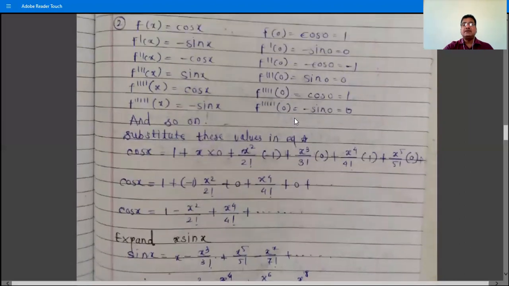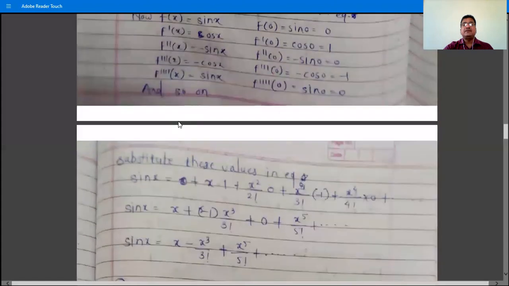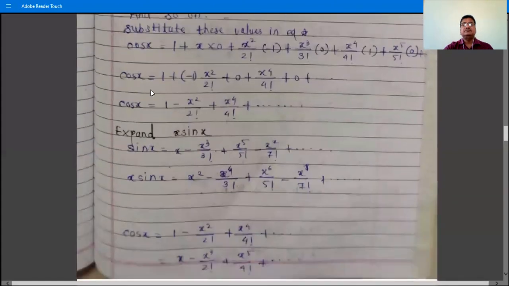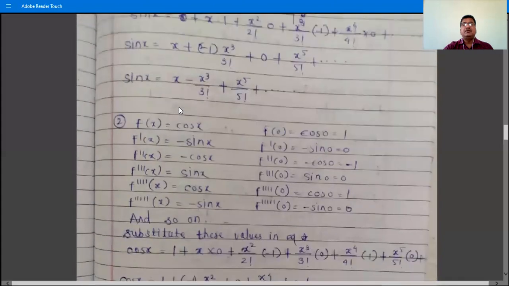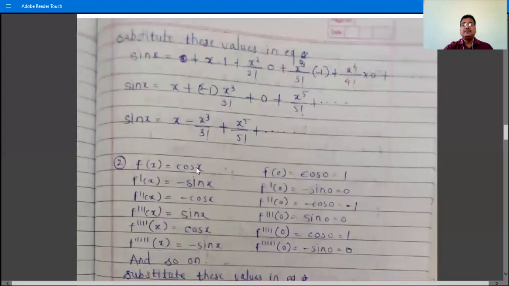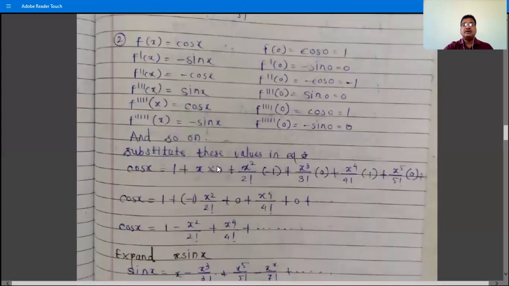Substitute these values in equation star. So f(x) is cos x. Then the value of f(0) is 1. F(0) is 1, plus x times f'(0), which is 0, plus x square by 2 factorial times f''(0), which is minus 1, plus x cube by 3 factorial times f'''(0), which is 0.